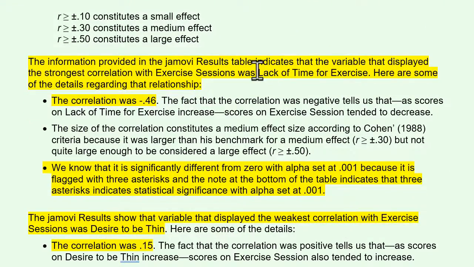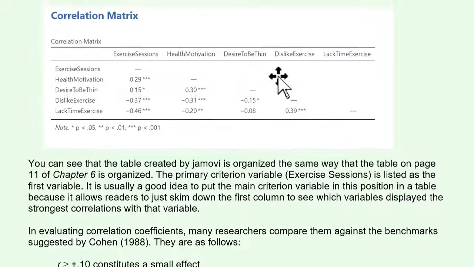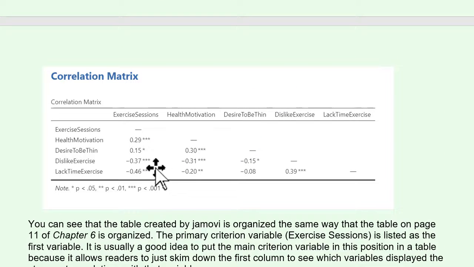On page 13, I say, the information provided in the Jamovi results table indicates the variable that displayed the strongest correlation with exercise sessions was lack of time for exercise. Here are some of the details. The correlation was negative 0.46. I know it was significantly different from 0 because it's flagged with 3 asterisks in the note at the bottom. It goes in detail here. I'm not going to spend time going over the detail here. This is where you'll find it.